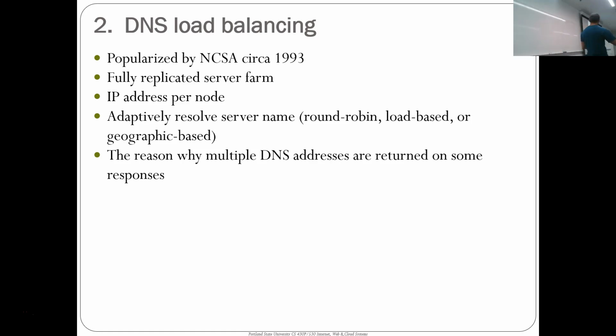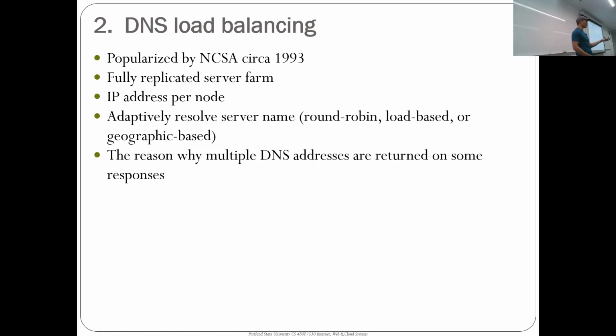What they did was they had a fully replicated server farm. And they gave each of these servers an IP address. Then they played a DNS trick. They ran the authoritative name server for NCSA, and they said, let's just round robin the IP addresses in this server farm to distribute the load across all the replicas.